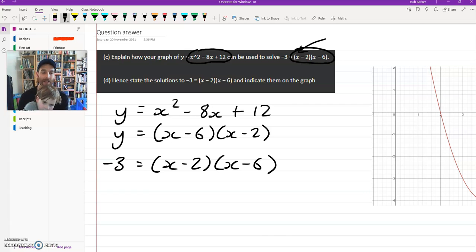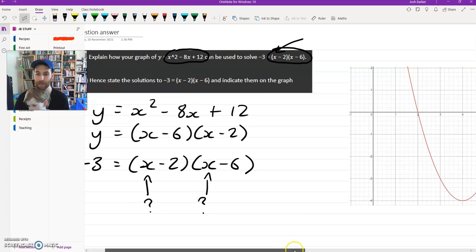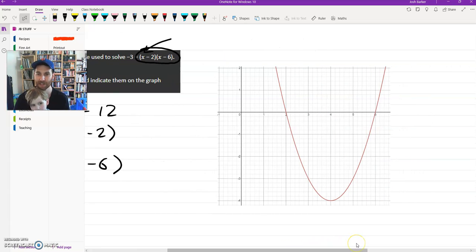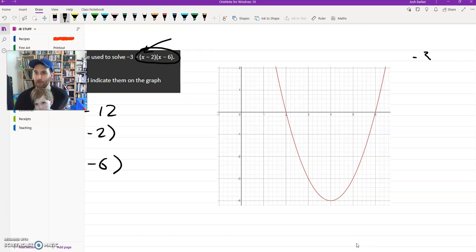Okay, so what it's asking you here is explain how your graph can be used to solve this equation. Essentially, what it's asking is what values of x, and there's going to be more than one of them because it's a quadratic, will give you an answer of negative 3 when you plug it into this equation. But don't forget that because it's a quadratic with that x squared in there, if we do negative 3 squared, we get 9.